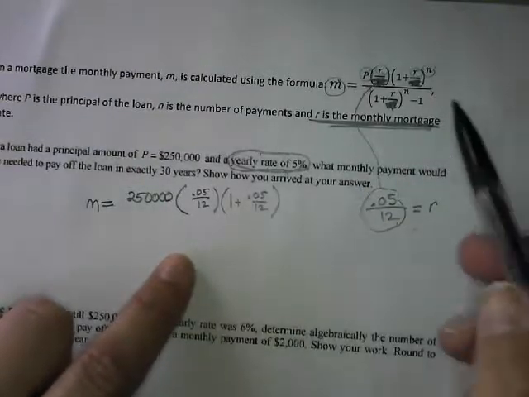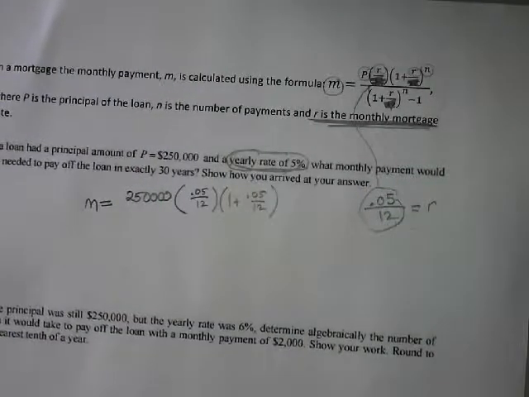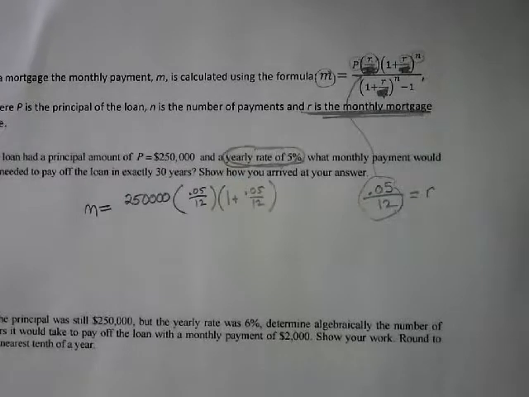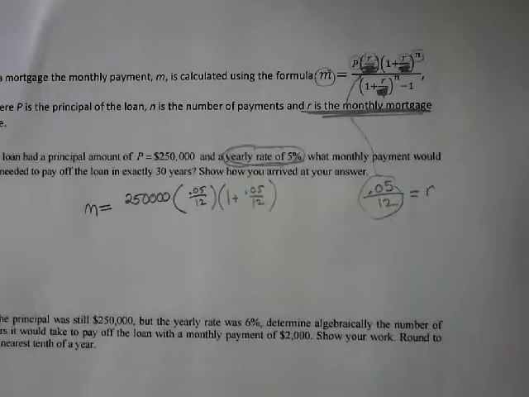Now, how many monthly payments do we have? How many payments do we have? N is the number of payments. 360. Tell everybody how you got that. Right, 30 years times 12 months in each of those years, 12 payments per each of those 30 years.